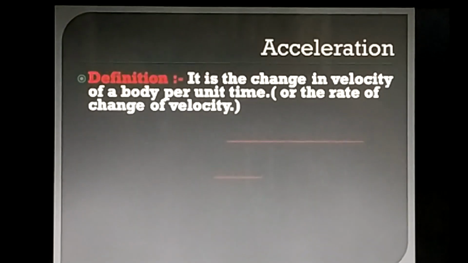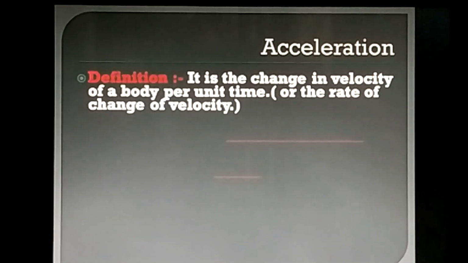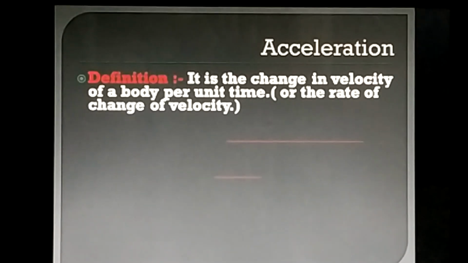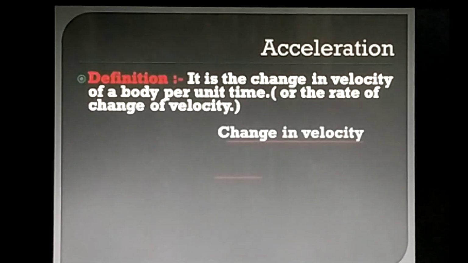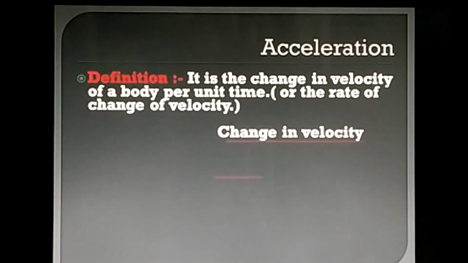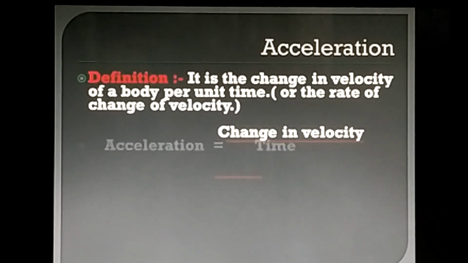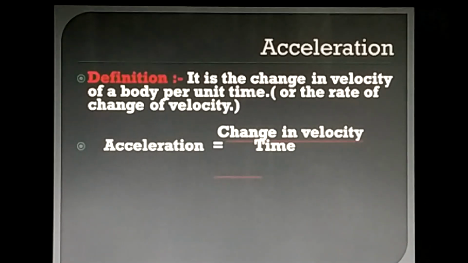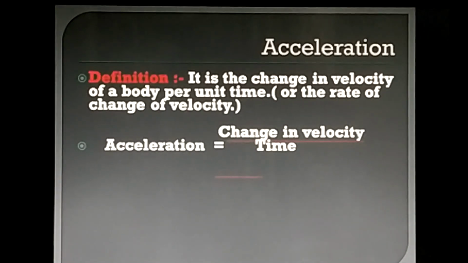Next term is the acceleration. It is the change in velocity of the body per unit time, or in easy terms, we can also say the rate of change of velocity. If there is a change in velocity, it is known as the acceleration. So how will we express acceleration? The change in velocity upon time.